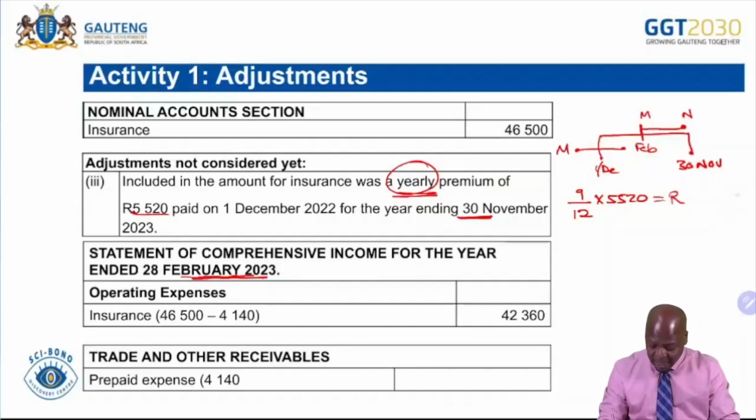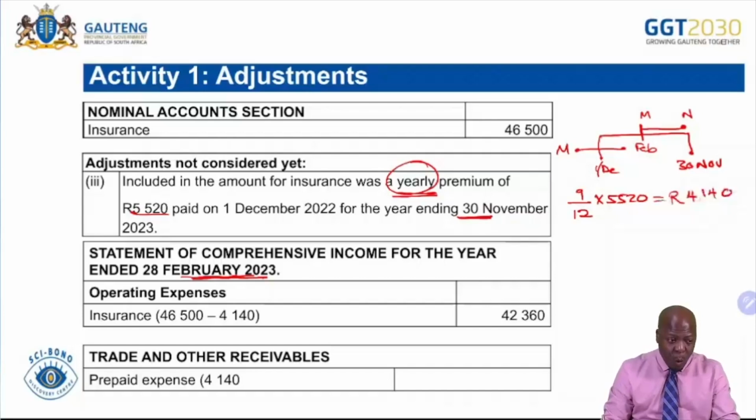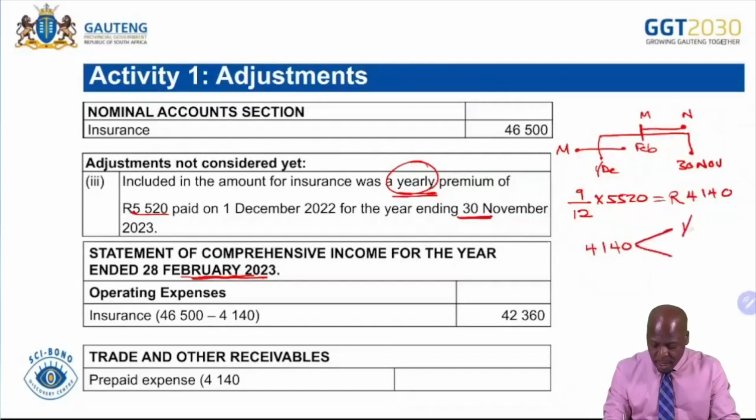Let's punch this in our calculators. All right, how much do you get? Thank you. Someone says, Mr. Simbi, I'm getting 4,140. This is what we get, 4,140. This 4,140 becomes my adjustment. So I'm going to come here, it's 4,140. I'll adjust this in the income statement and I'll also adjust it in the balance sheet.